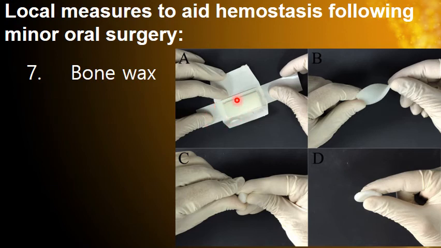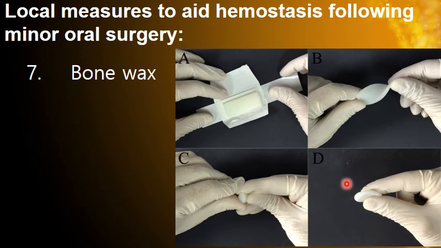I will soften the bone wax with my hand. I will knead it until I form a soft dough and then put it on the bone to occlude any bleeding channels. Bleeding from the bone is very distinguishable from bleeding of soft tissue. How do I distinguish it?